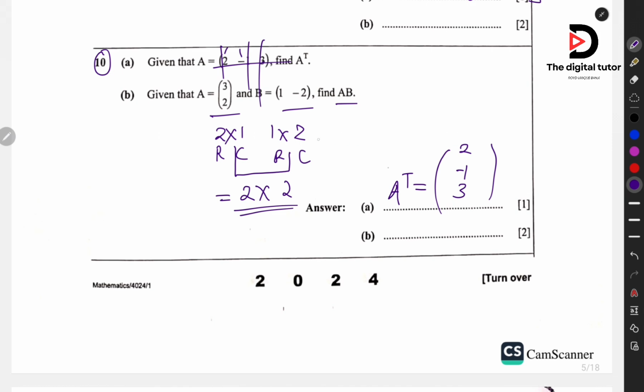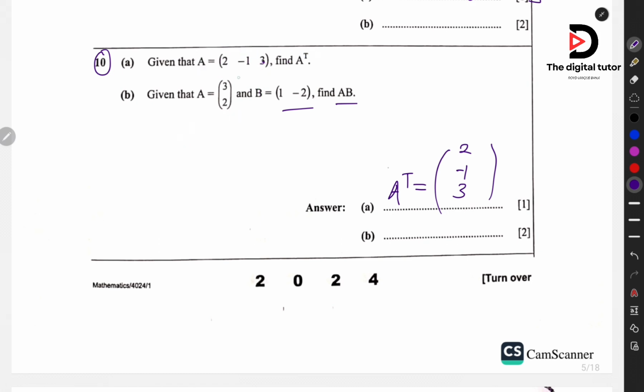Now how do we find the 2 by 2 from here? In multiplication of matrices, you multiply row by column. So this is a row multiplied by a column. So 3 multiplied by 1. Then we move to the next one, row by column. So it will be 3 multiplied by -2. Then we come to the bottom part, row by column, which is 2 multiplied by 1.